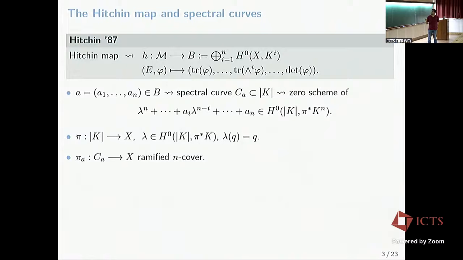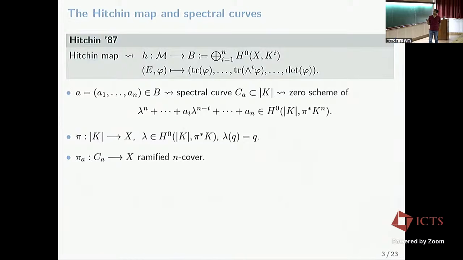The spectral curve is the zero scheme of this section of the pullback of K^n into the total space of K. So you can see that all spectral curves are linearly equivalent as divisors in this total space.